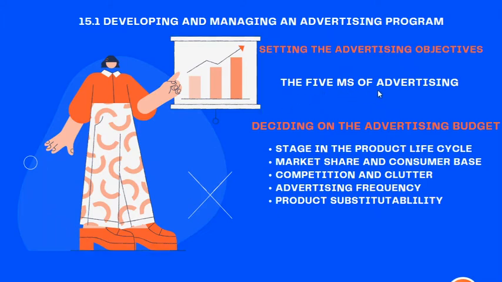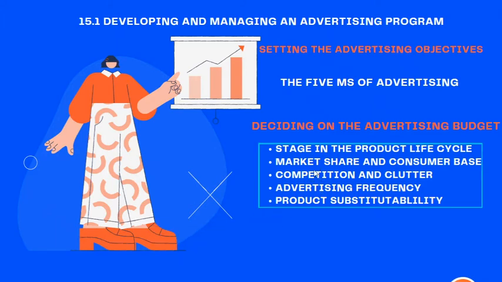The five Ms of advertising are mission, money, message, media, and measurement. Here are five specific factors to consider when setting the advertising budget. The first one is stage in the product's life cycle.